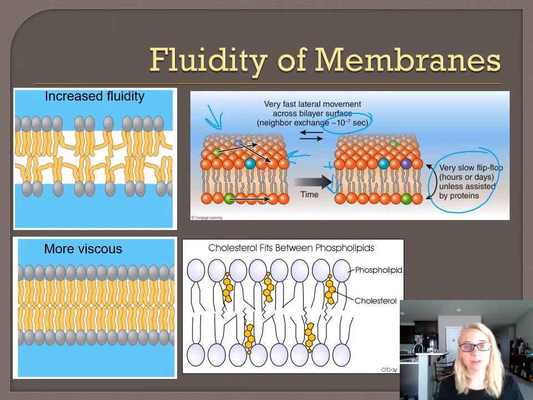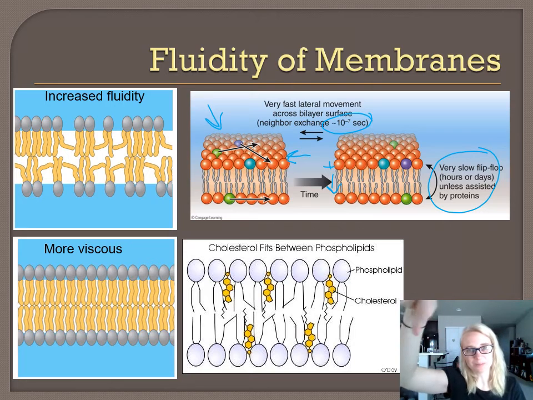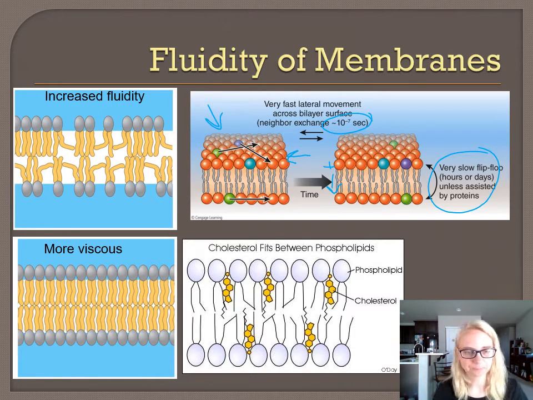And it's repelled because it's polar. The hydrophobic tails don't like polar things getting in their way. So be comfortable with the idea that the phospholipids move very rapidly on their same side. They move not very often flipping to the other side.